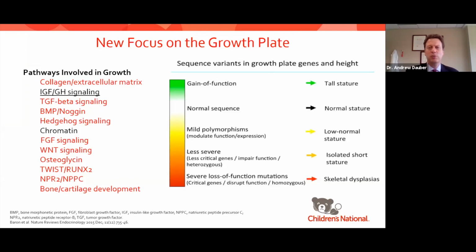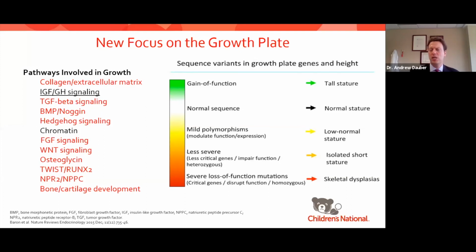And we're starting to appreciate that there's this concept of a range of genetic variants, like I showed you in that initial graph with the X and Y axis, where you have rare genetic variants that have severe effects, and those are ones that lead to the monogenic disorders, the skeletal dysplasias.